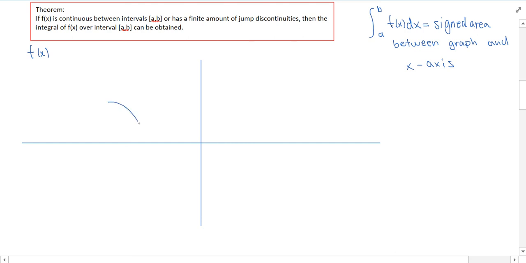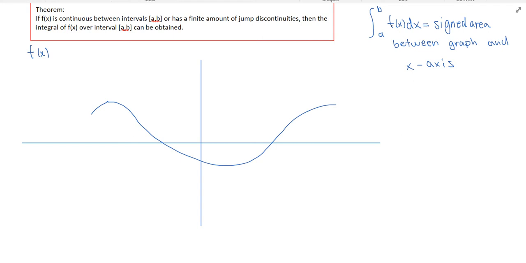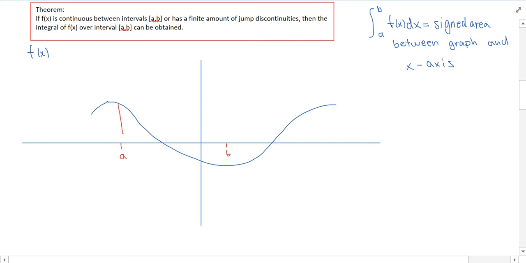So now let's say we have a curve like this. A graph like that, okay. This one's a little tricky because let's say our interval is from A here to B right here. We have a portion of the graph that is above the x-axis and a portion of the graph that is below it. This is a very important thing that we have to remember: the area above the x-axis is positive and the area below it is negative.